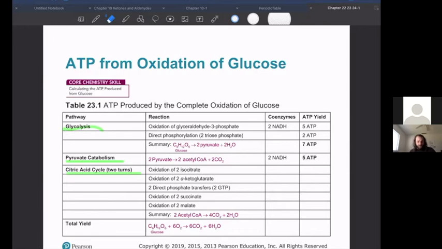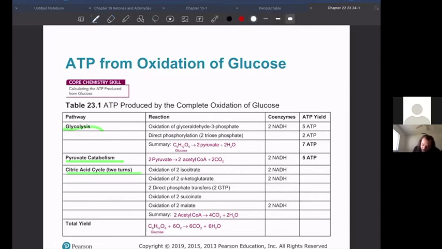Okay. In the citric acid cycle, I told you don't have to know all the individual steps, but we should be able to figure it out for the summary here. Remember, we had 3 NADH produced at 3 steps. Right? And since we have 2 turns of the citric acid cycle, right?